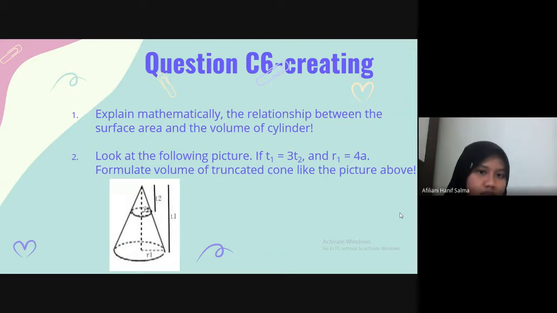For the second example of creating, the student must think of something new that can be used to solve the problem, or organize elements in a new pattern related to the concept the student studied previously, to determine the element that is not yet known, which is R2, to be used in the formula for the volume of the truncated cone.